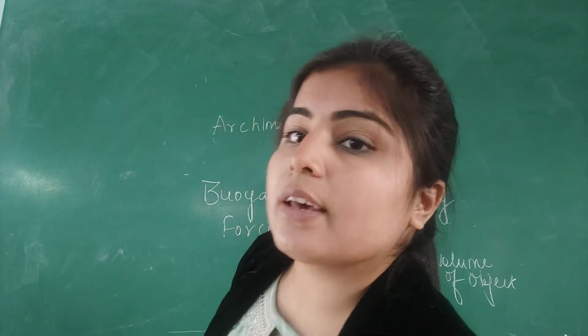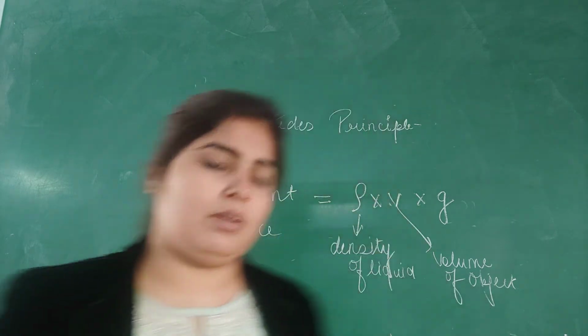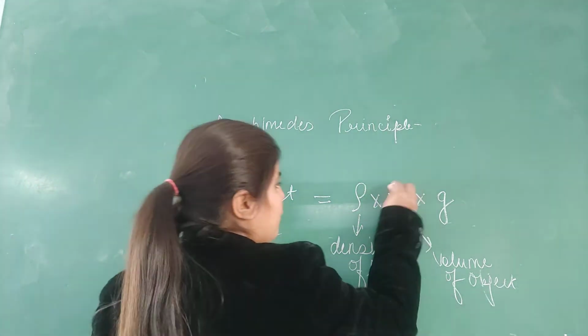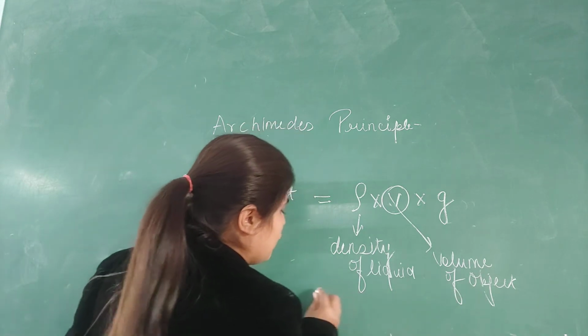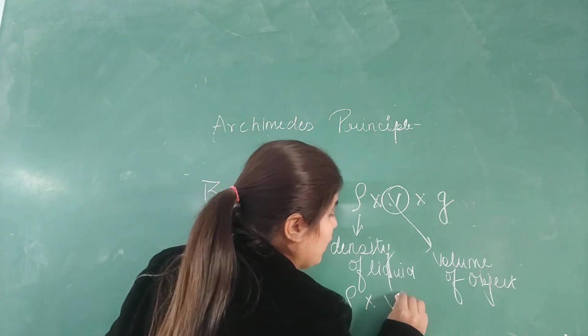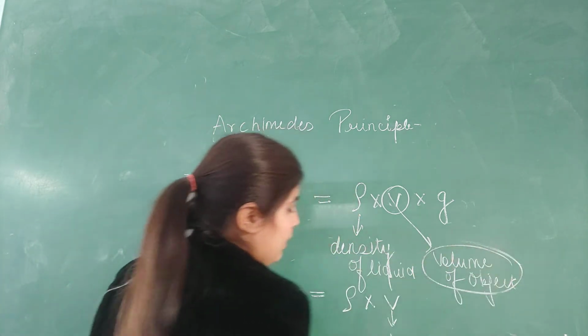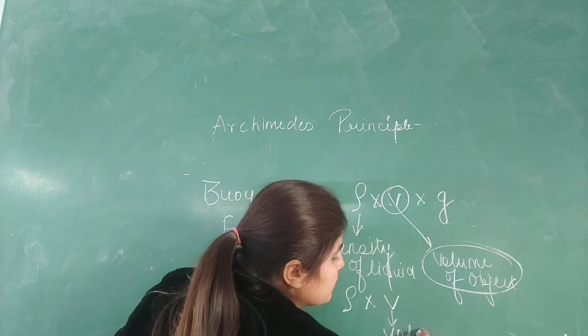So in this case the volume of the object will be equal to volume of the displaced liquid. So here, whenever any object is immersed inside the liquid, it will be rho into V. V आप क्या लिख सकते हो here? Volume of the object will be equal to volume of displaced liquid.